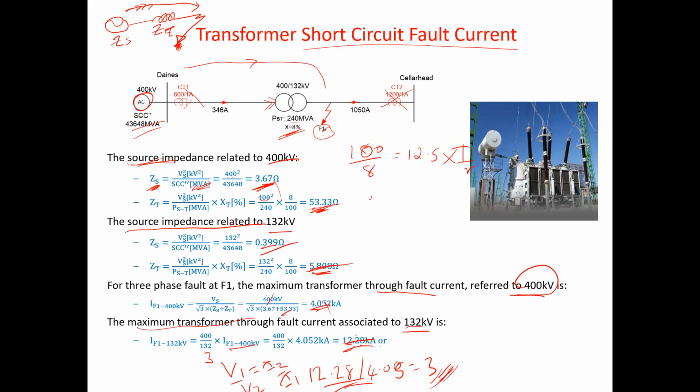If we multiply 12.5 times 346, that is around 4 kiloamp. Okay, and so that is I1, and then I2.